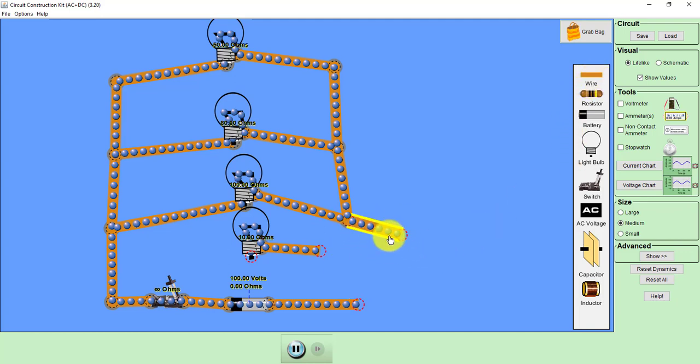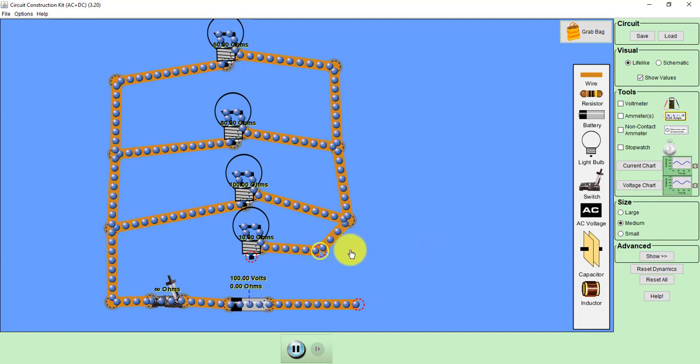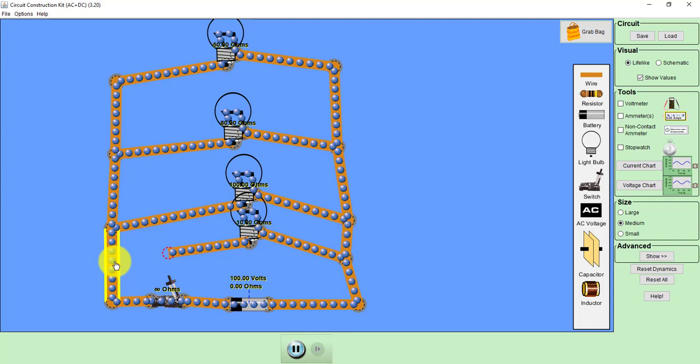I have to connect like this, then connect this wire, connect. For that we need to delete this, connect like this, and finally this.